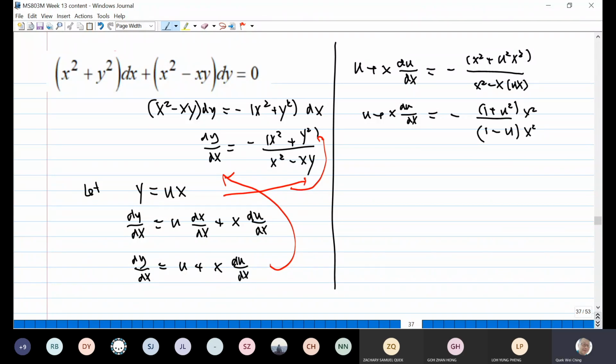They cancel each other, the x squared. So this is actually u plus x du dx. Okay, this one I think you can simplify a little bit. Okay, u minus 1, 1 plus u squared. We're going to put all the u together, x together now.